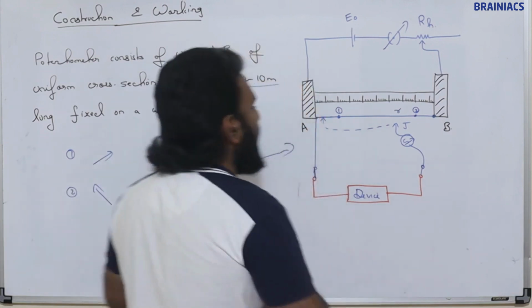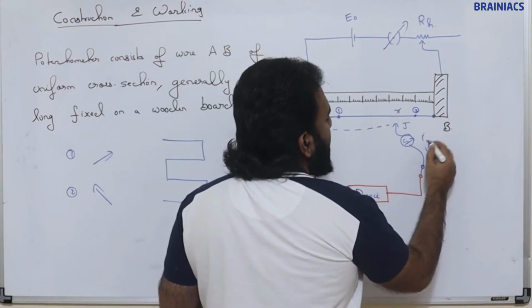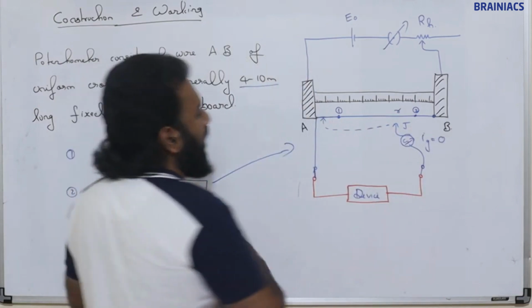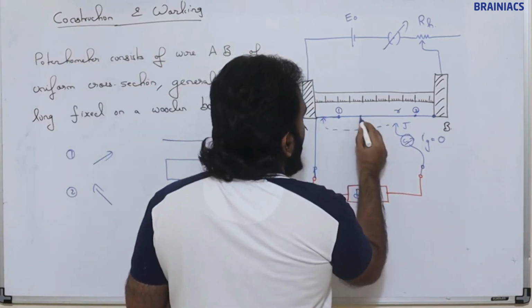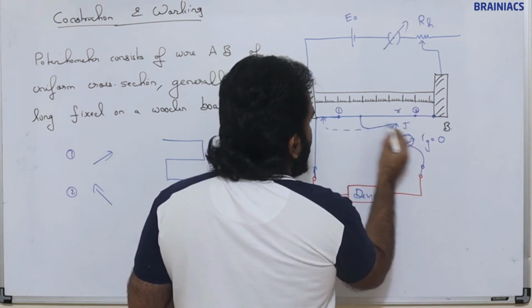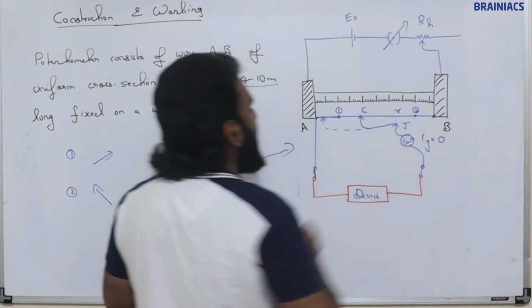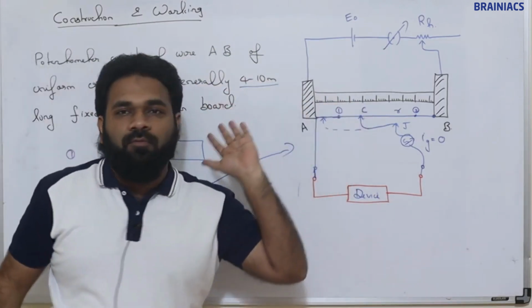What we are trying to do is find a point where the galvanometer shows zero deflection, that is, no current. So gliding through this, finally we got the galvanometer connection at this point. Say this is C. A point C we have found.